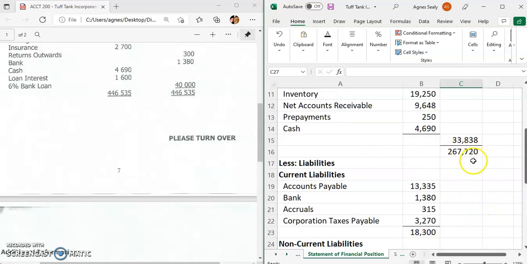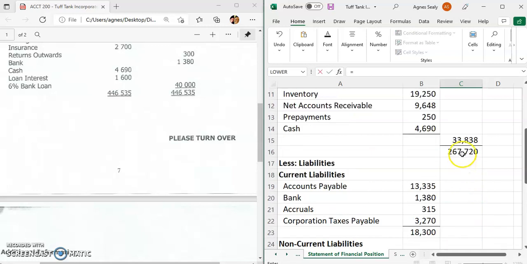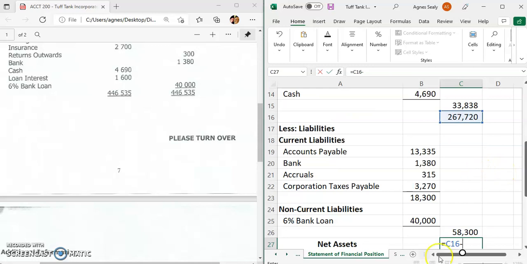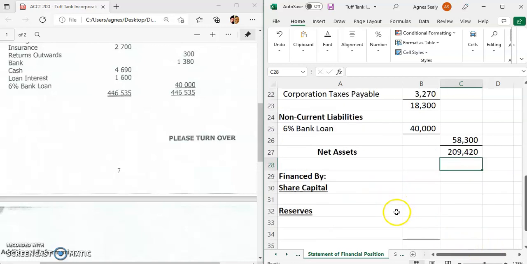And then we're going to subtract that from our total assets. So $267,720 minus $58,300 gives us net assets of $209,420.